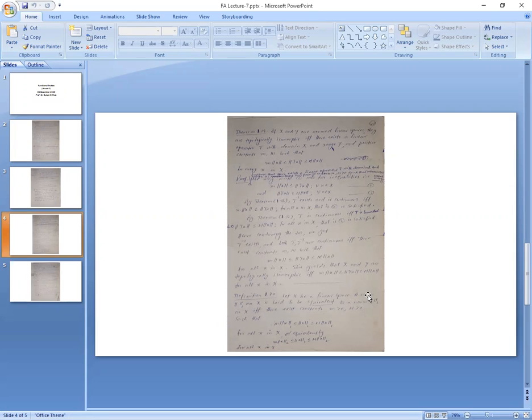And this theorem is on page 21. So look at this statement once again.